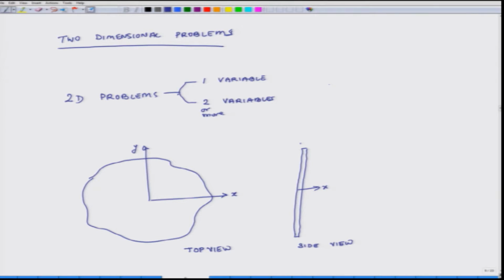This is my x direction and this is my z direction. And this is a plate, and let us say that this plate is insulated. Sorry, so this is Z and this is X, Y.